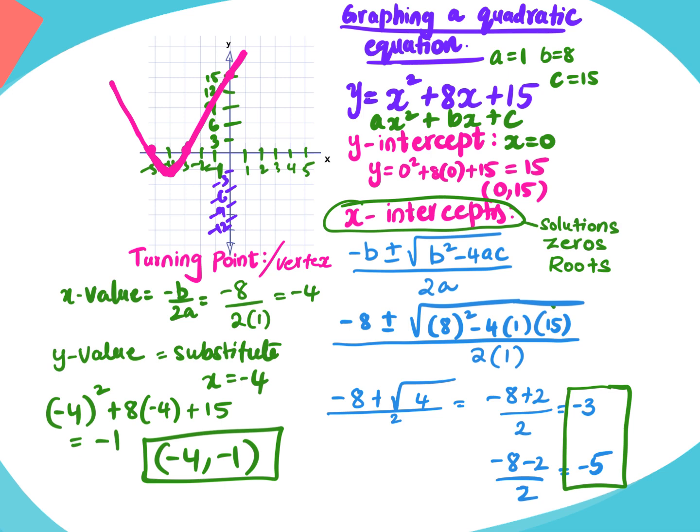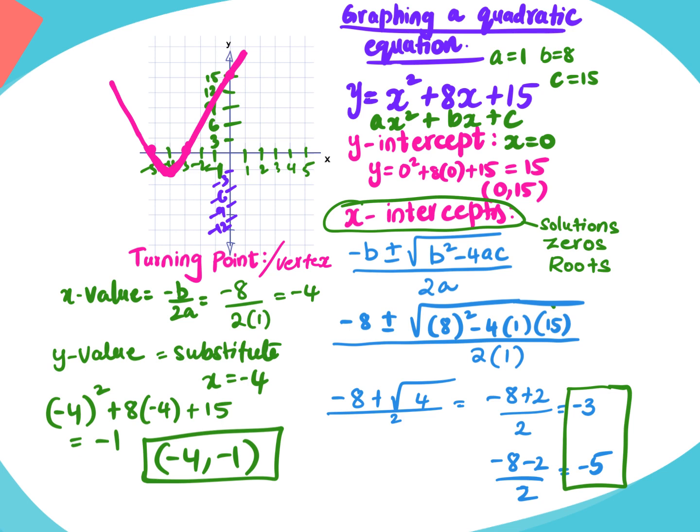I repeat, in this video we learned how to find y-intercepts, and we learned how to find x-intercepts. X-intercepts are nothing but your solutions, zeros and roots. These are important vocabulary that I want you to memorize. And then we learned that turning point and vertex are the same, and you used the formula for the x value of the turning point, which is minus b divided by 2a.